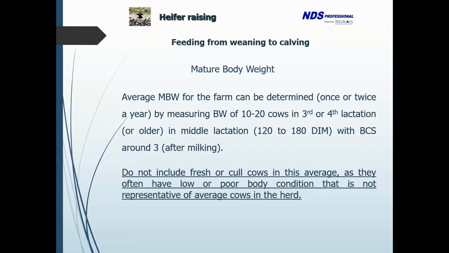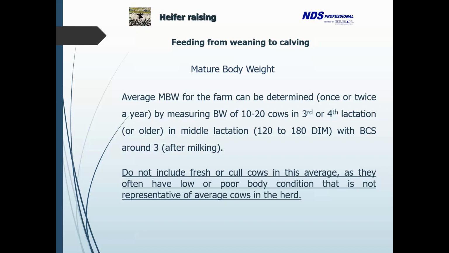Not every herd has the same mature body weight. So we strongly suggest to have an idea through a measurement about what is the real mature body weight in my herd. You can measure using scales, using tapes, or maybe with some automatic measurements.